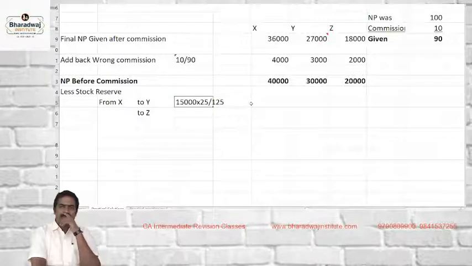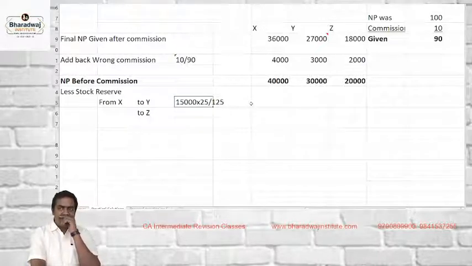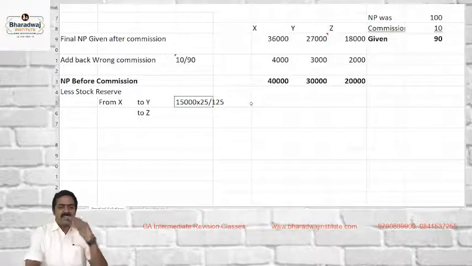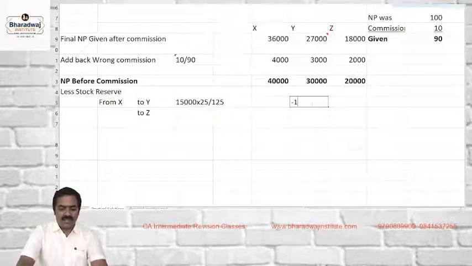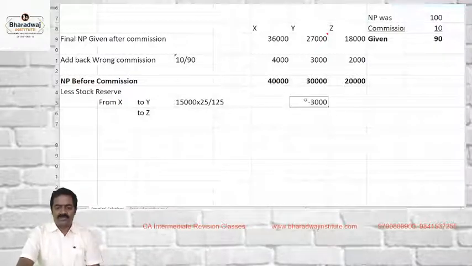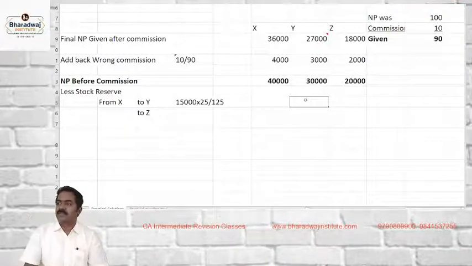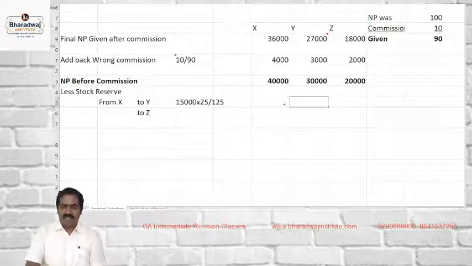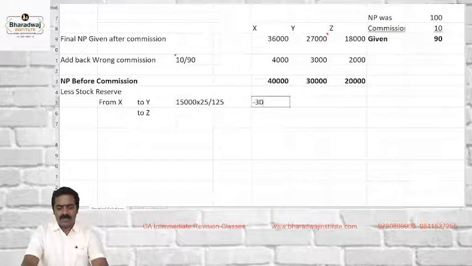X or Y? Who's keeping the stock? So what you would have done is, okay, minus 3,000. No. Who charged the profit? Stock is with department Y. Who charged the profit? X charged the profit, minus 3,000.